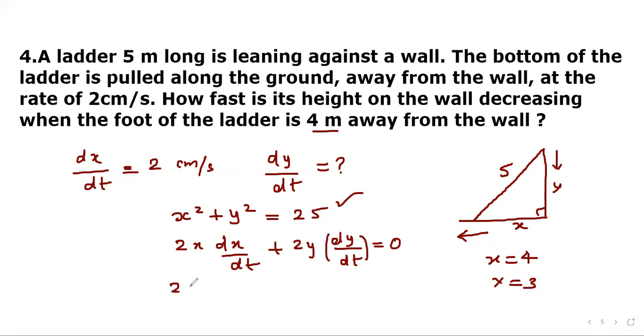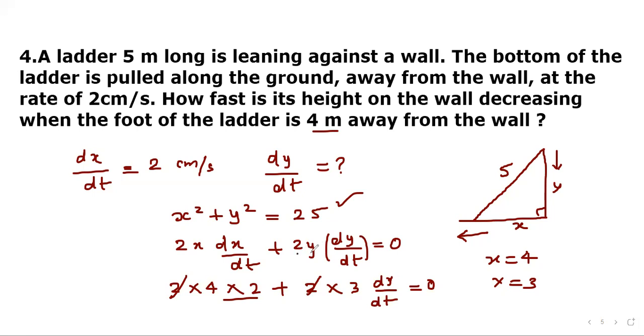So twice of x, x is 4, and dx upon dt is given as 2, plus twice of y, y is 3, dy upon dt is to be found, equal to 0. So here 2 will cancel out.